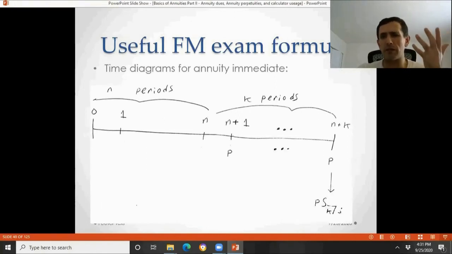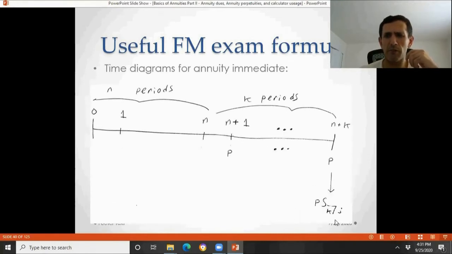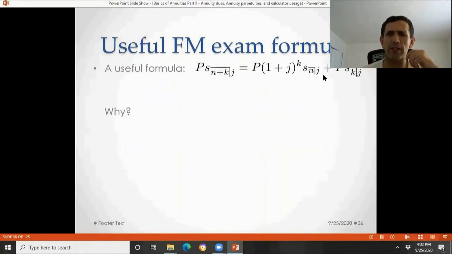That just accumulates to P s_{k|j}, just plugging and chugging into my formula. This is a k period annuity where each of the payments are P. So you add the two up, and you get exactly the right-hand side here. And I think in general, it's really good to get used to this kind of thinking, this theory of interest, exam FM type way of thinking.